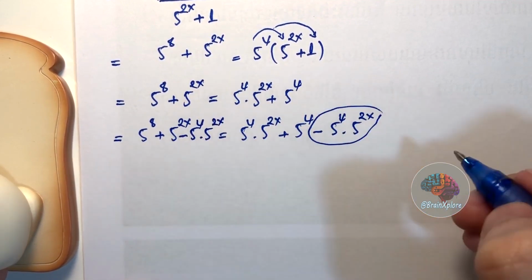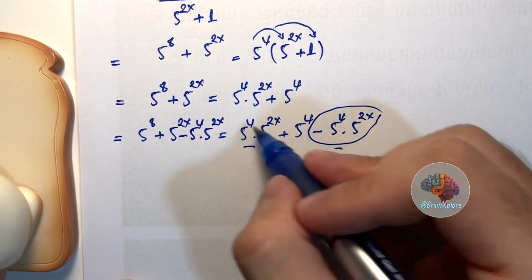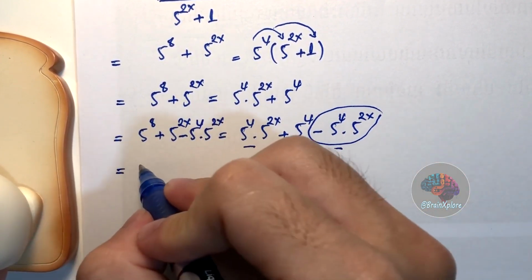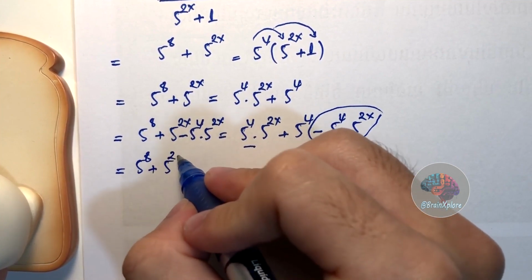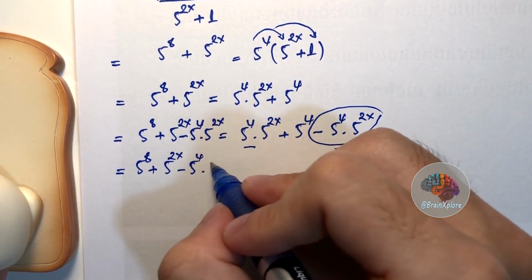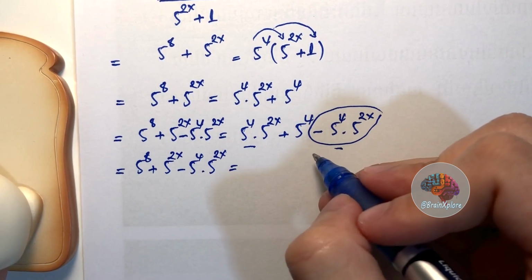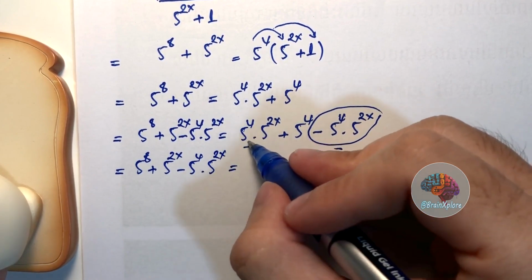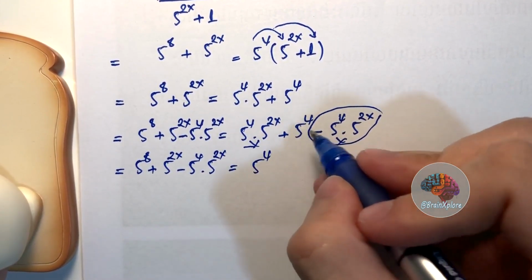Now we can remove this, since minus and sum cancel out. So on the left hand side we're going to have this value equal to 5 powered by 4, because this is going to be removed.